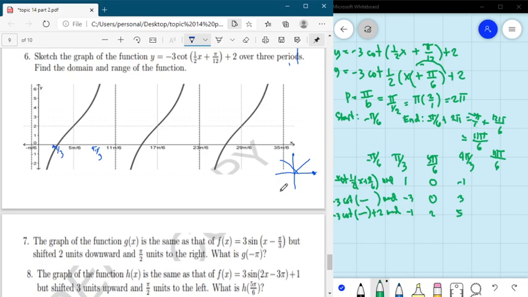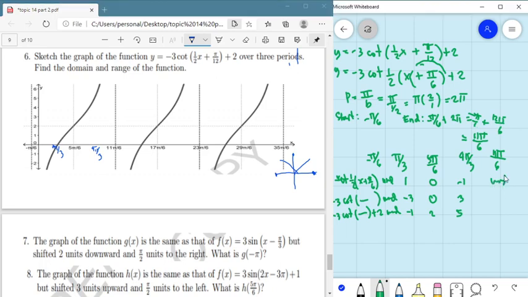And then, your cosine here is negative 1. Your sine is 0. So, therefore, it's undefined. Undefined. So, that is why at 11 pi over 6, we have a broken line for the vertical asymptote.